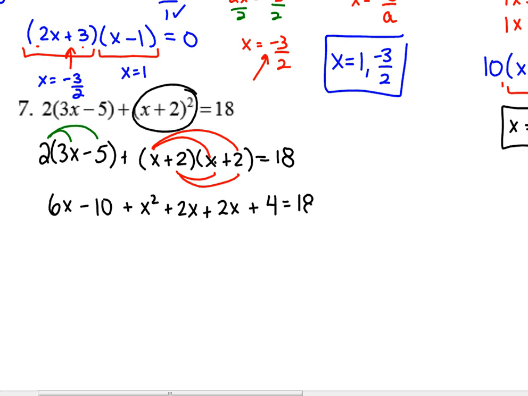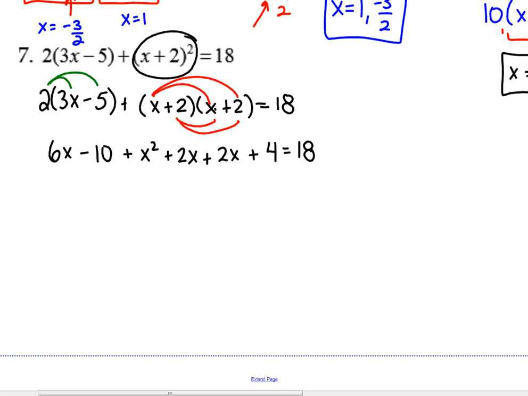4. So before I get one side equal to 0, I probably want to collect like terms here. We have x squared. How many x's would you have? 10. 6 plus 2 plus 2 gives you 10. And then your constant, you have negative 10 plus 4. You're ahead of me. Minus 6, and then equals 18. But we need one side equal to 0, so you'd have to subtract 18 and then factor.